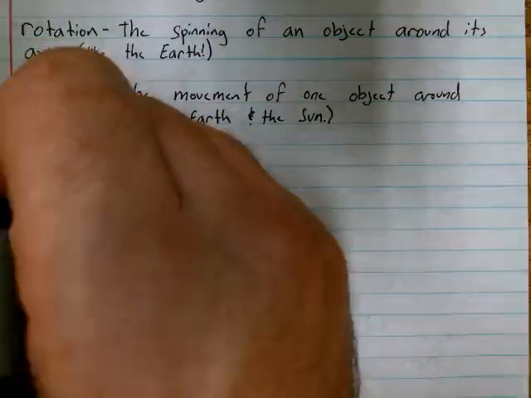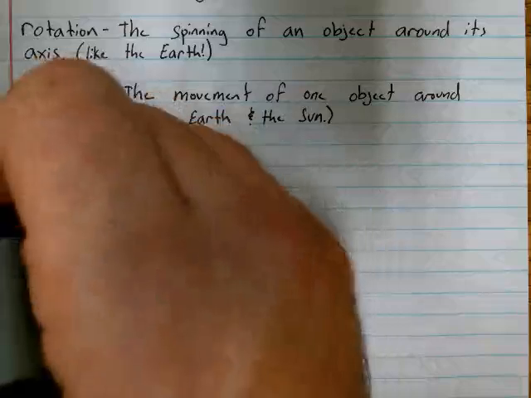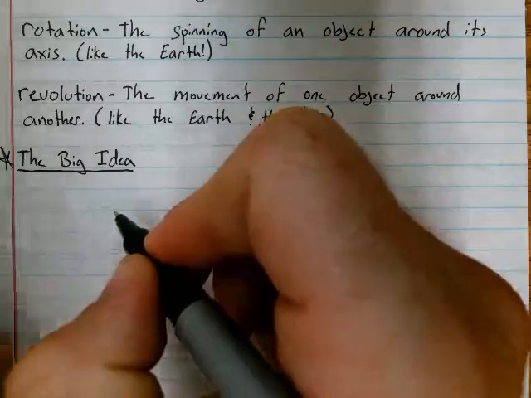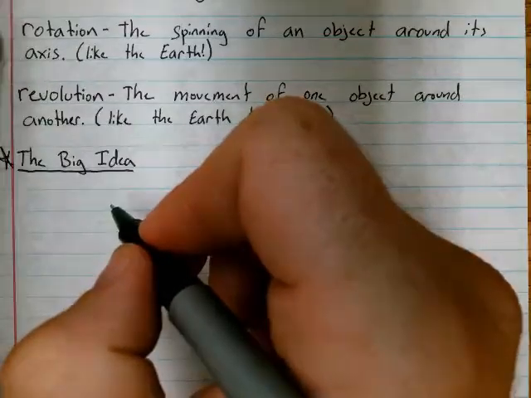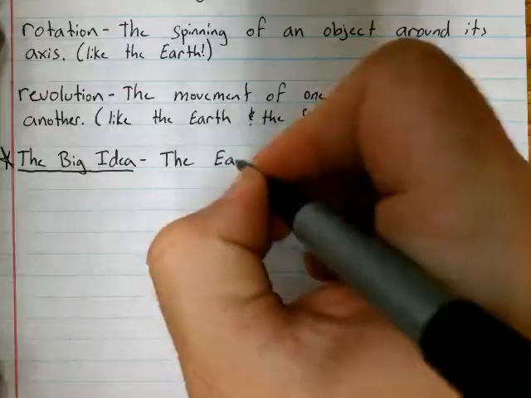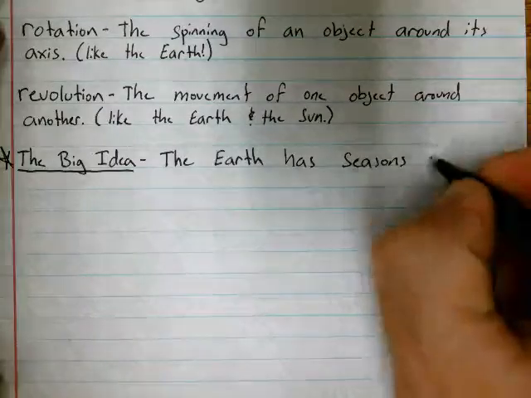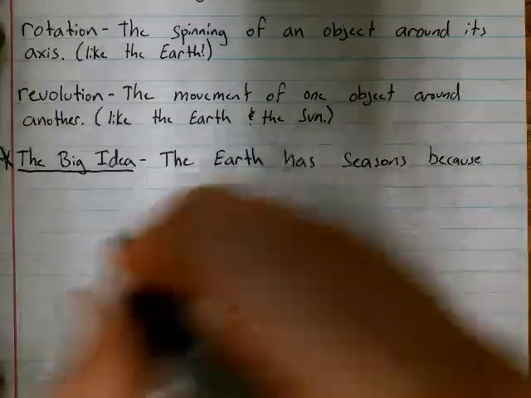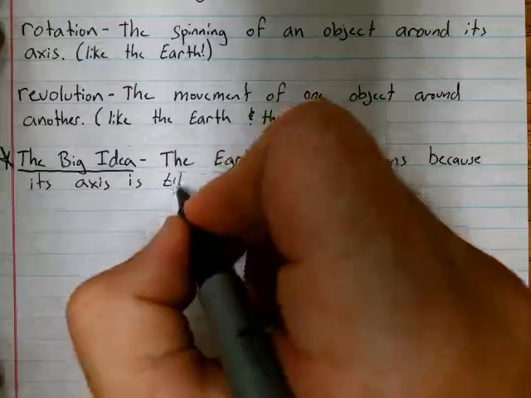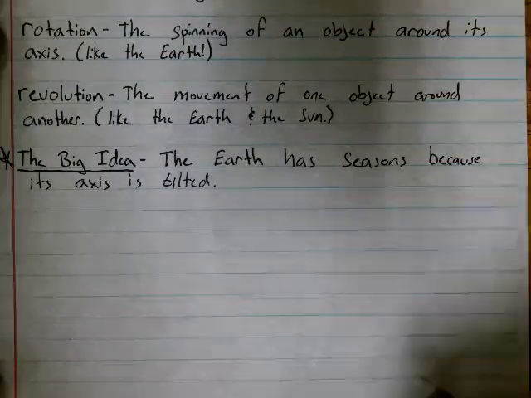Now let's get to our big idea. The big idea, or the big takeaway here, is that the Earth has seasons because its axis is tilted.